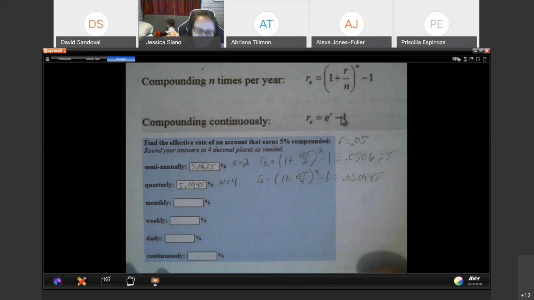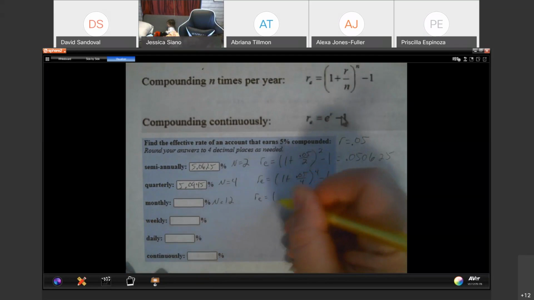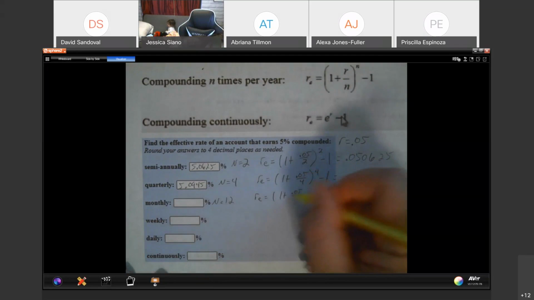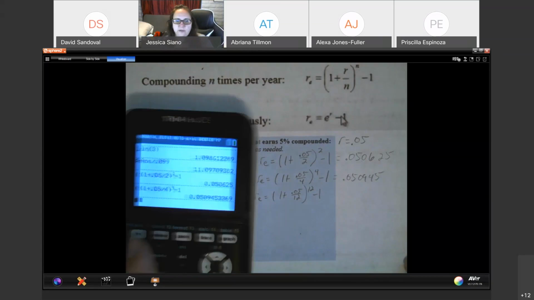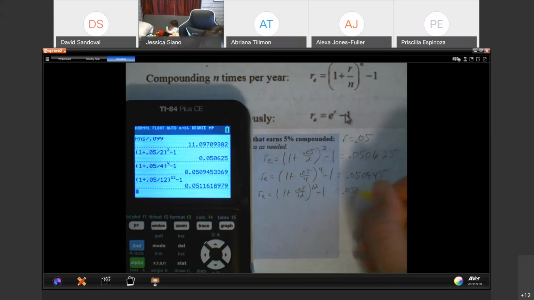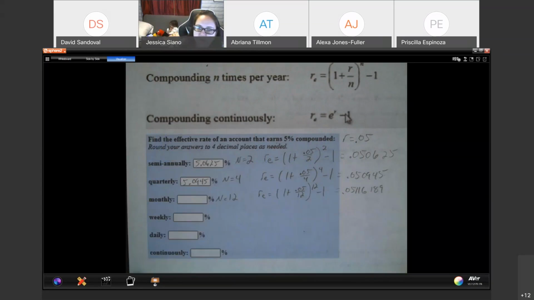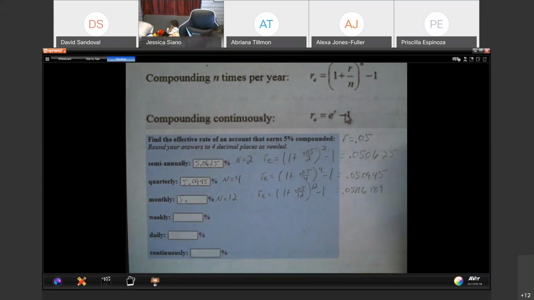Monthly n is 12. So my effective rate is 1 plus 0.05 divided by 12 to the 12, and then minus 1. So that's 5.1234.